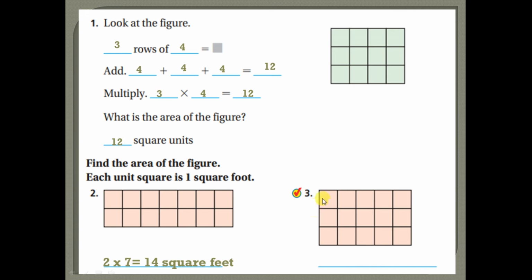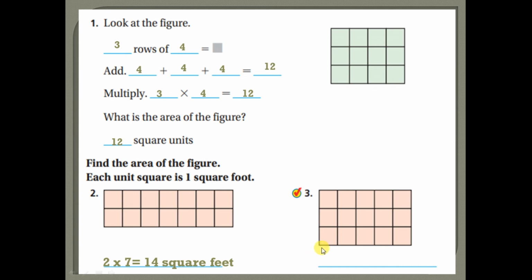Okay, so let's see another example and the last one. How many rows do we have here? Row number 1, row number 2, row number 3. So the number of rows is 3. By the number in each row, what is the number in each row? Let's count. 1, 2, 3, 4, 5. So let's write the multiplication sentence.